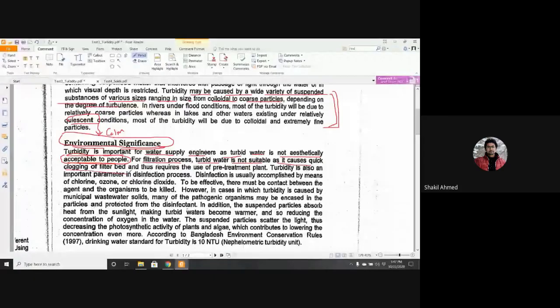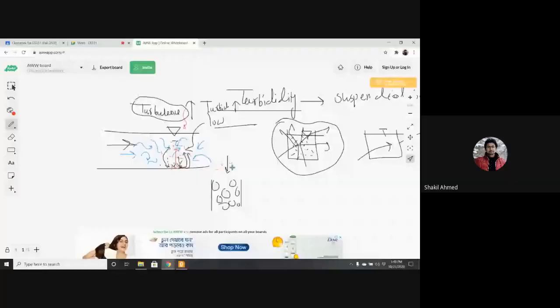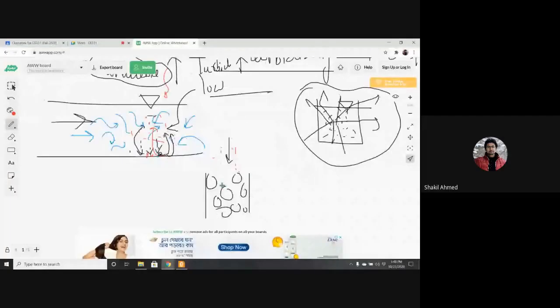So if you're using filter media to treat turbidity, lots of particulate matter, then eventually they will settle down here and clog the filter very soon.